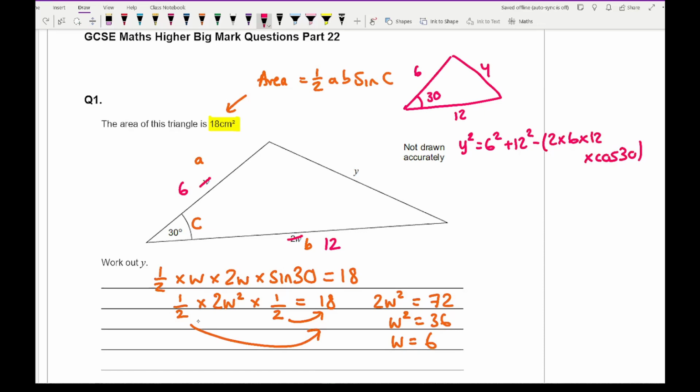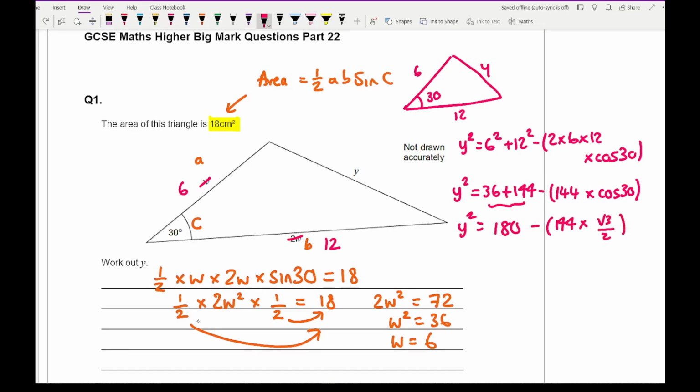Now cos 30 again is another exact value of trig, so I've got y squared equals 36 plus 144 minus, 2 times 6 times 12 is going to give me 144, and that's multiplied by cos 30. So then y squared equals, combining these two numbers here, 180, and then minus 144 times root 3 over 2.